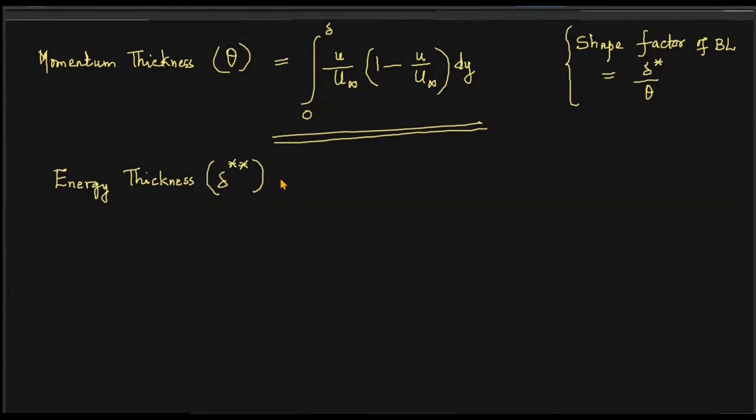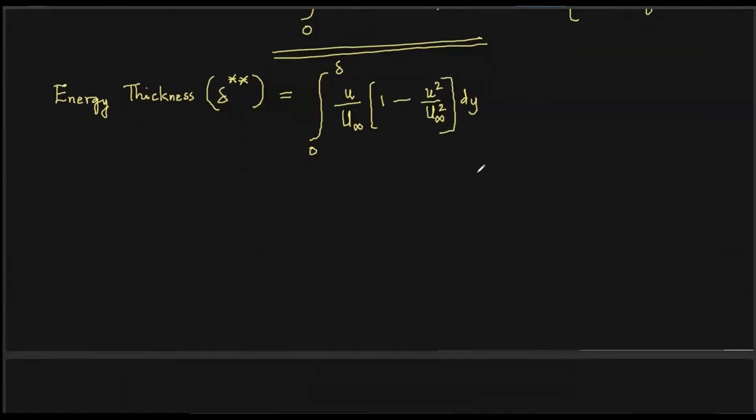That is equal to integral, the relation is simple, 0 to delta, that is the boundary layer thickness, then u by u infinity, then inside the bracket you will have 1 minus the square of the velocity ratio, u by u infinity squared, that is u square by u infinity square. Integration will be carried out with respect to y. Y is the distance normal to the flow direction measured from the surface of the solid boundary. Okay, so this is energy thickness.